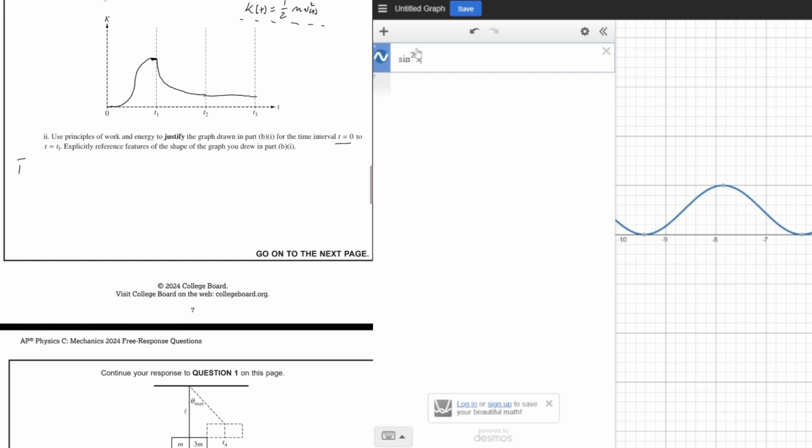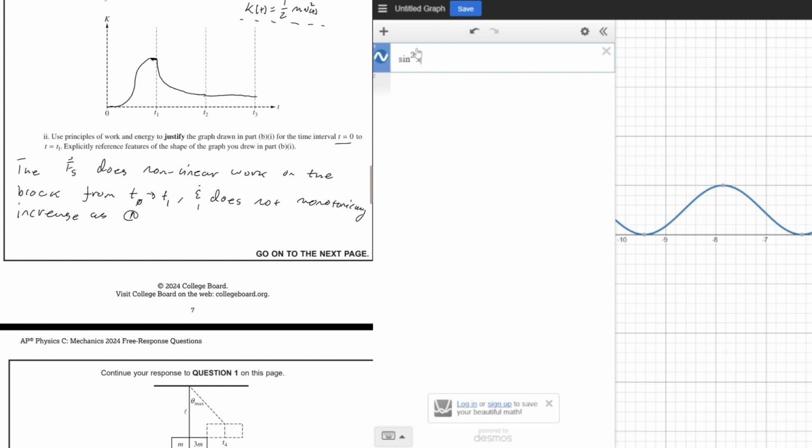So what they want to hear is the spring does nonlinear work on the block from t not to t1 and does not monotonically increase, as at t1 Fs must equal 0, hence K or dK/dt has to equal 0.